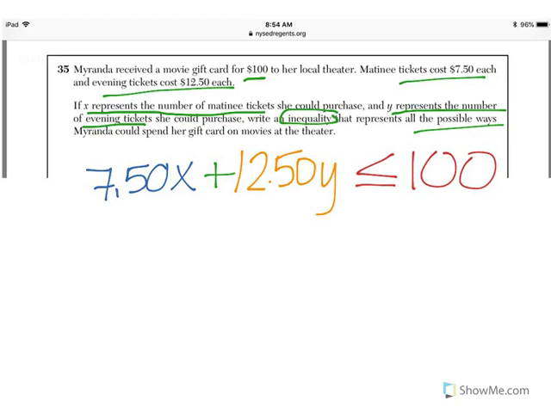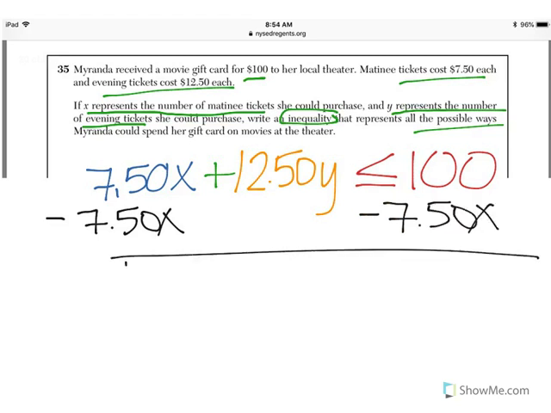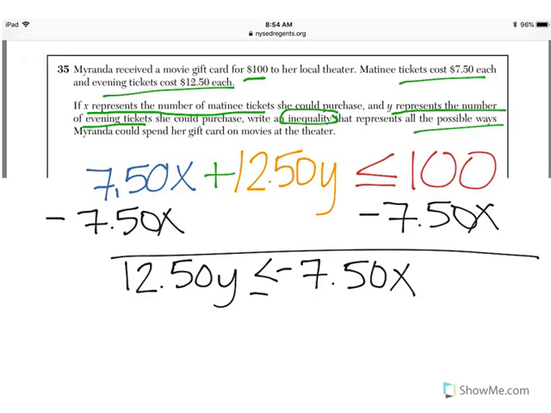Now, since we'll be graphing in the next part, we might as well take the time now to get Y alone. Anytime that you're graphing, you always want to get Y alone, and to do that, we will subtract 7.50x from both sides to start. When we do that, we have 12.50y is less than or equal to negative 7.50x plus 100.